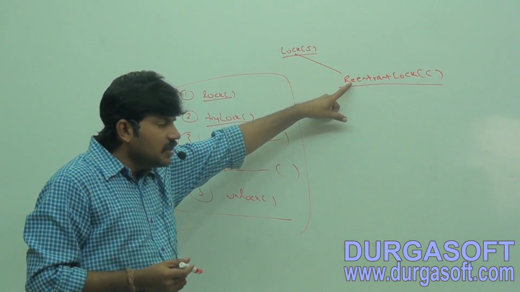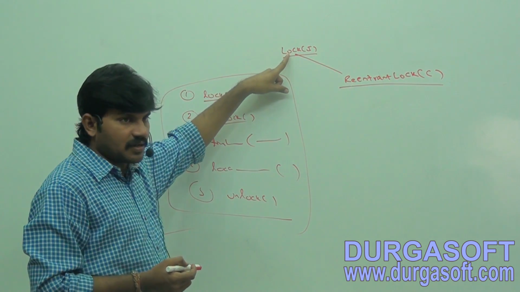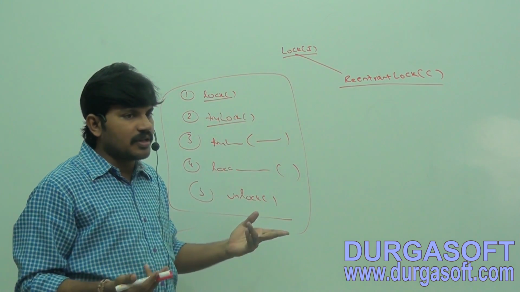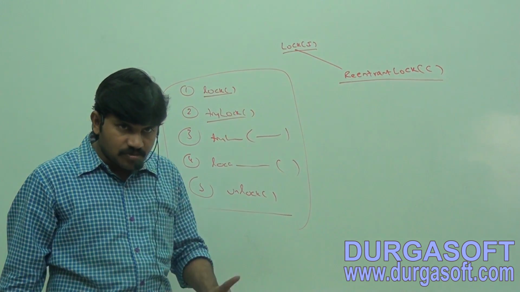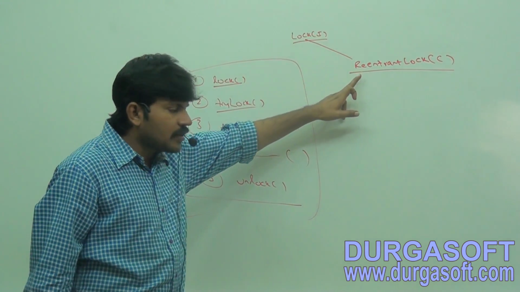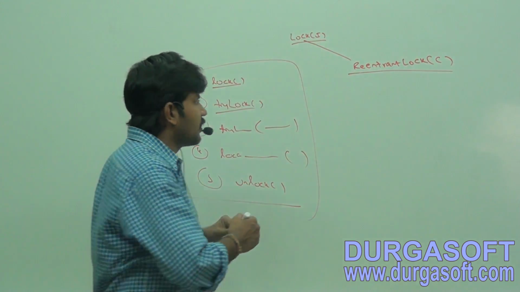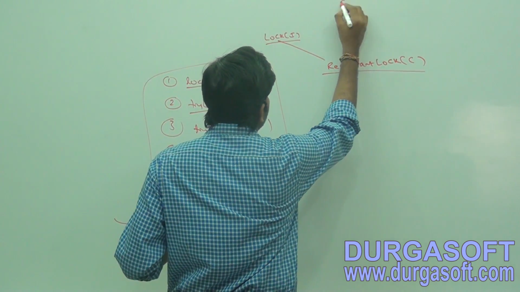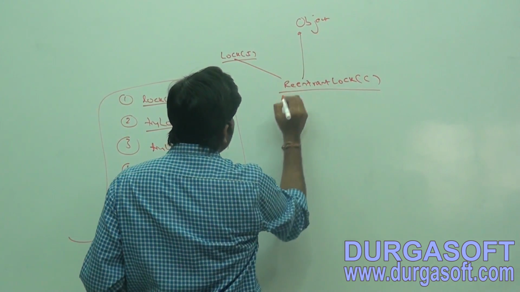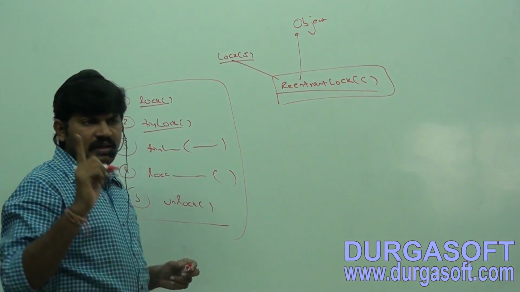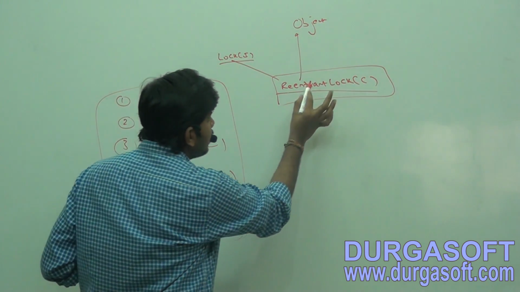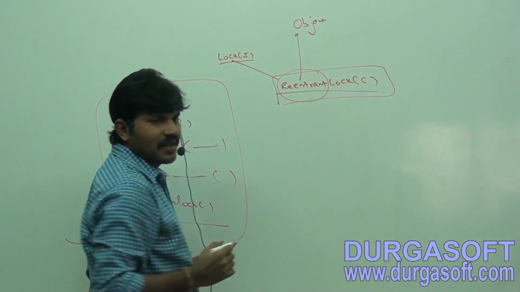Re-entrant lock is the implementation class of the lock interface, because with an interface we can't do anything. An implementation class is compulsory. It is the direct child class of Object.